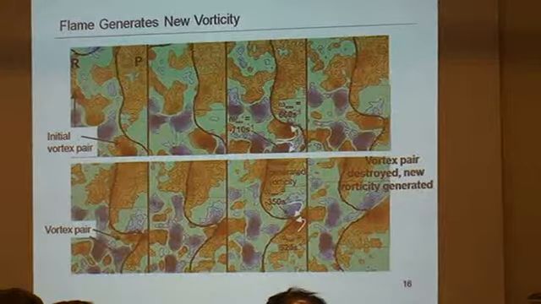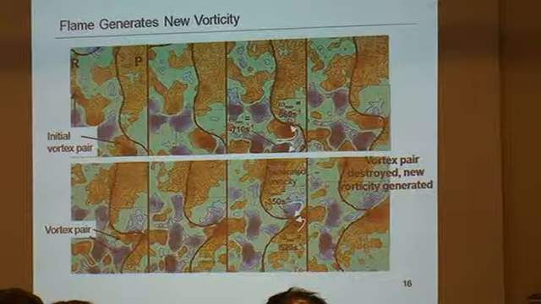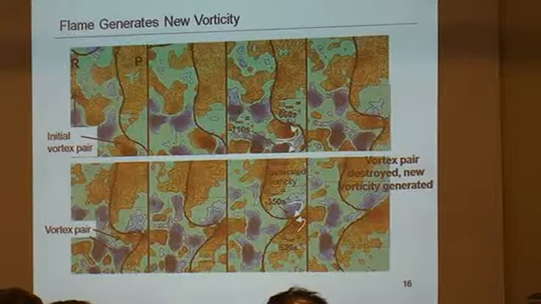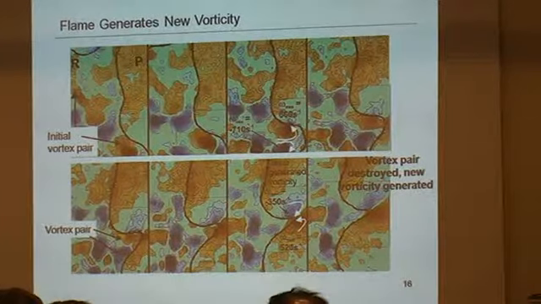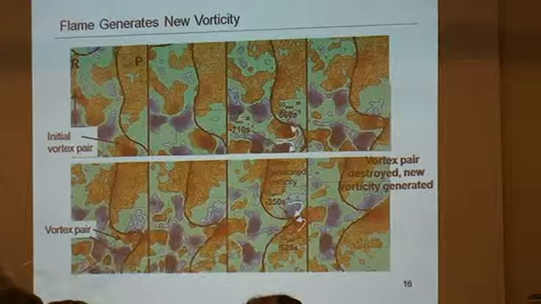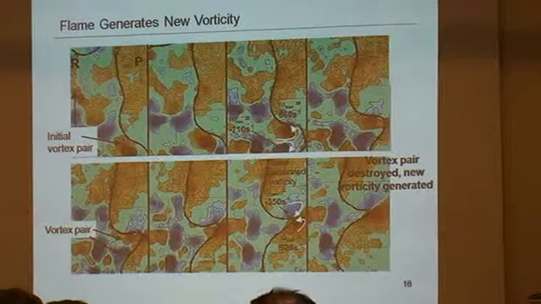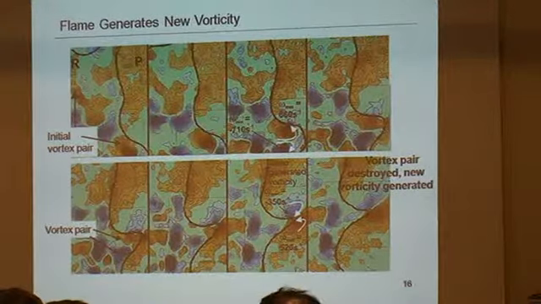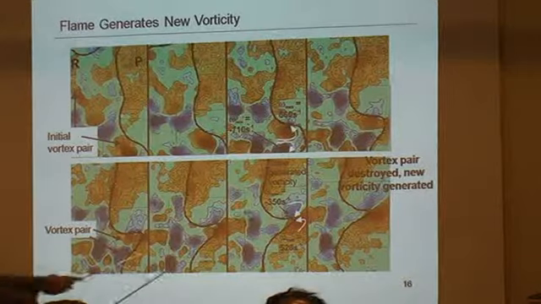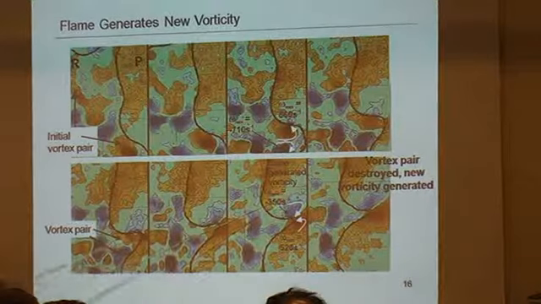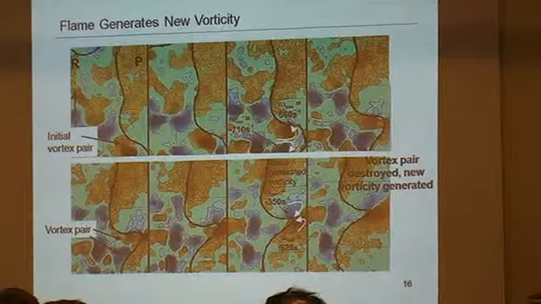And this has been predicted by a baroclinic torque term in the vorticity transport equation. In fact, again, Foreman has done some work on this and others. And actually, we did some experiments with a laminar flame vortex, where we saw this. And so it's not too surprising now when we go to turbulent flames, we see this. It can be explained by the transport equation for vorticity.